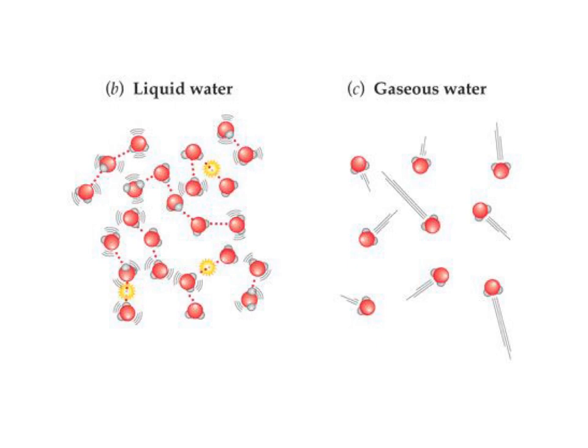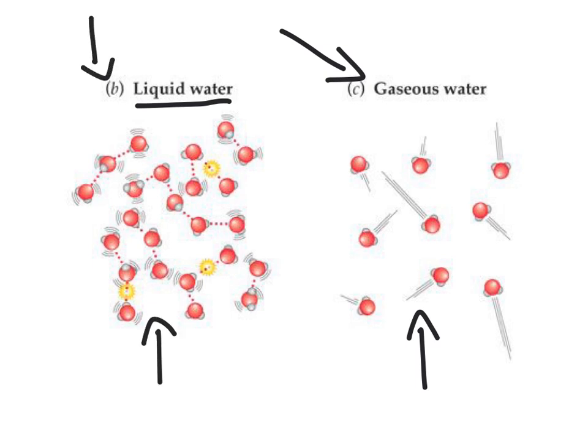So I want you to imagine, we already know from previous science classes that in liquid water, molecules are moving fairly quickly, right? However, in gaseous water, in steam, molecules are moving much faster. So in a gaseous state, molecules are moving very fast, and in liquid, they're moving a little bit slower. Because they're moving a little bit slower in liquid, they have more time to form hydrogen bonds.